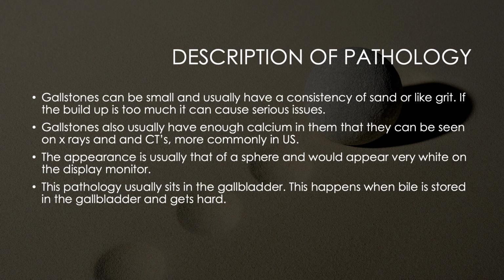Gallstones also usually have enough calcium in them that they can be seen on x-rays and CTs, more commonly in ultrasound. The appearance is usually that of a sphere and would appear very white on a display monitor. This pathology usually sits in the gallbladder. This happens when bile is stored in the gallbladder and it gets hard.